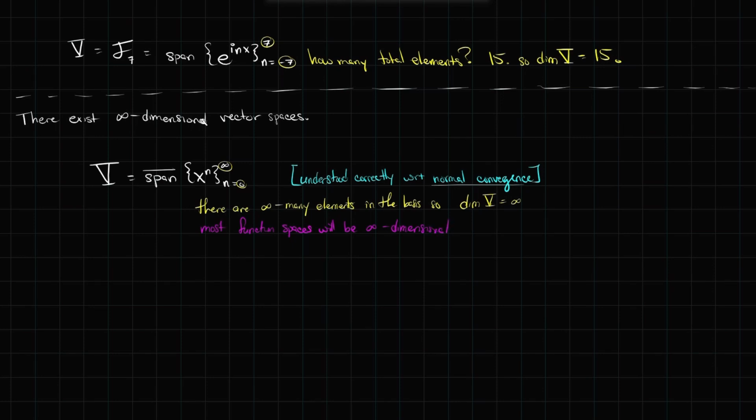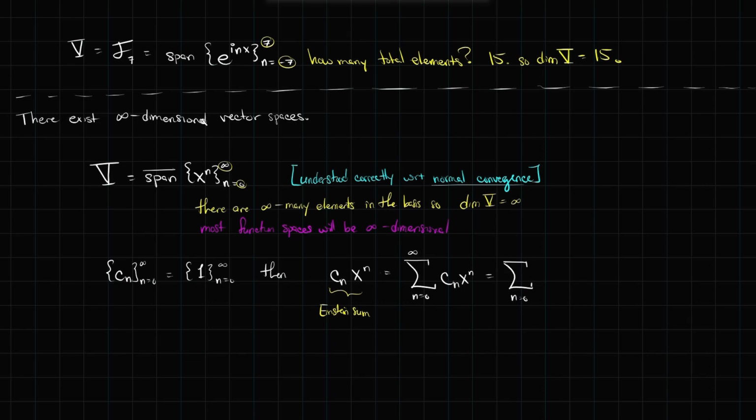So let's see one example in this space. Recall the way we can represent an element in the span, with Einstein summation. Let's consider the sequence c superscript n, that's just directly equal to 1 for all n. And then c_n x^n, actually I had my Einstein summation backwards because I want a subscript. By Einstein summation, this will be the sum as n goes from 0 to infinity of c_n x to the n, but I just decided all the c's were equal to 1.